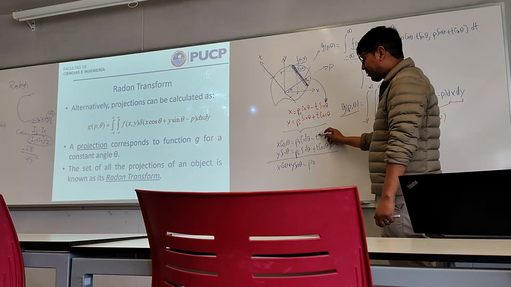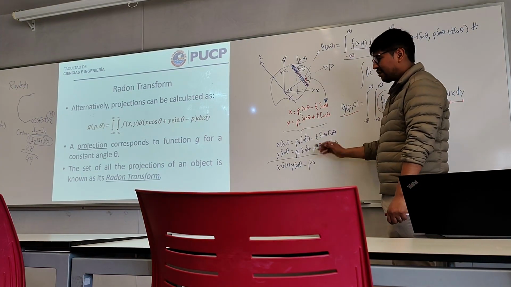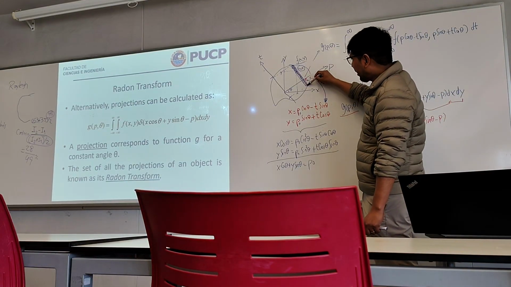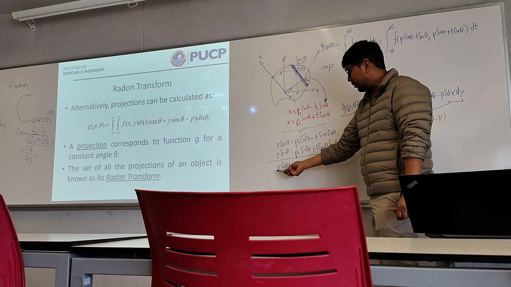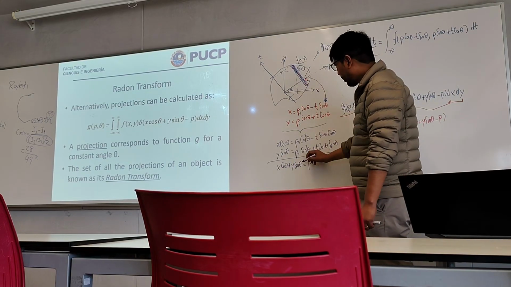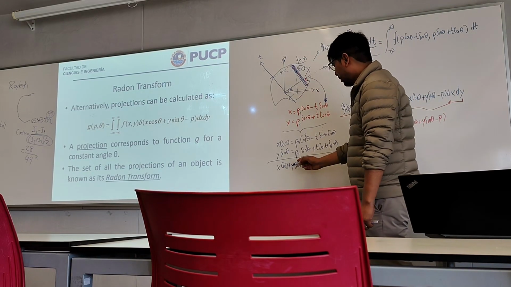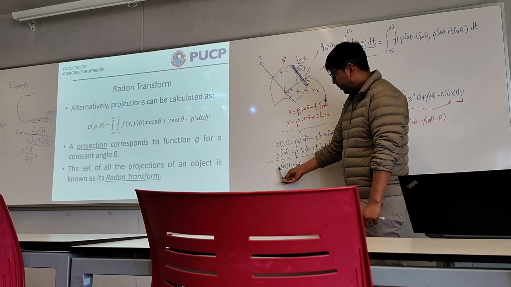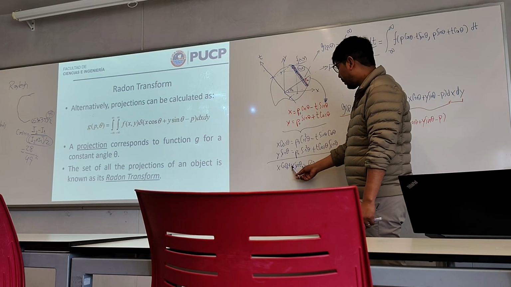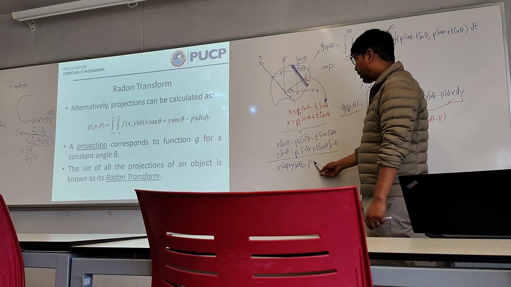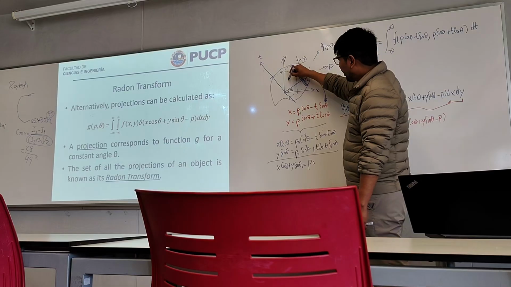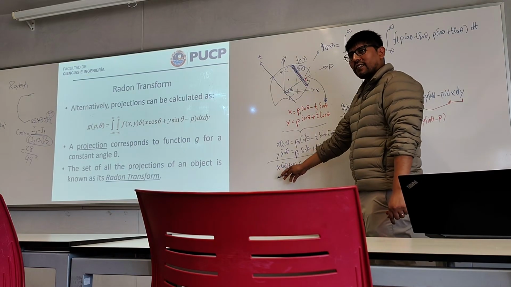And these terms are cancelled, so we just have that. All the points in this line should satisfy this expression, with some particular theta, which we can call theta 0. x cosine theta sub 0 plus y sine theta sub 0 equals p sub 0, all the values are here.